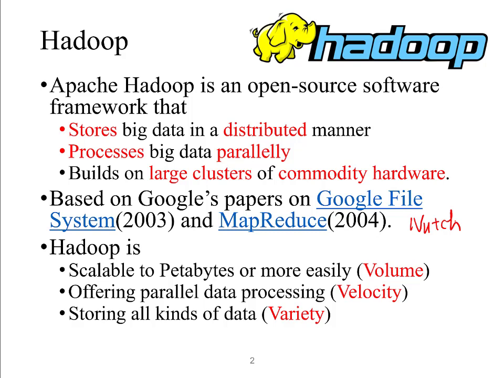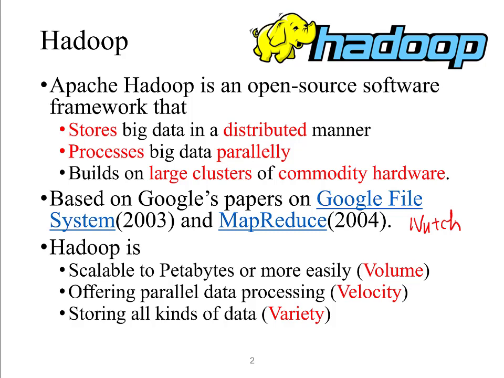And for velocity, because Hadoop offers parallel data processing, the processing speed is quite fast. And for variety, in Hadoop, you can store all kinds of data: structured, semi-structured, or unstructured data.